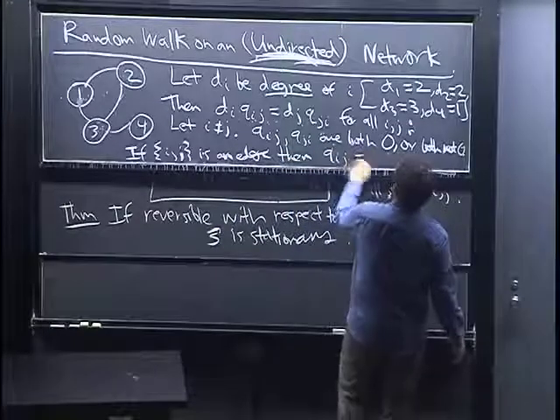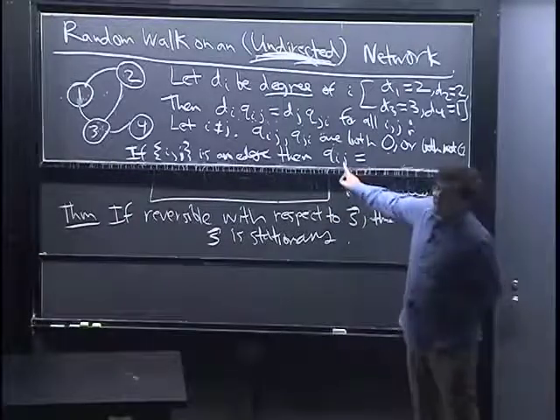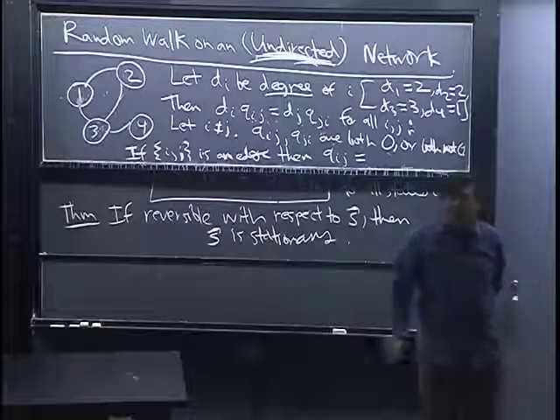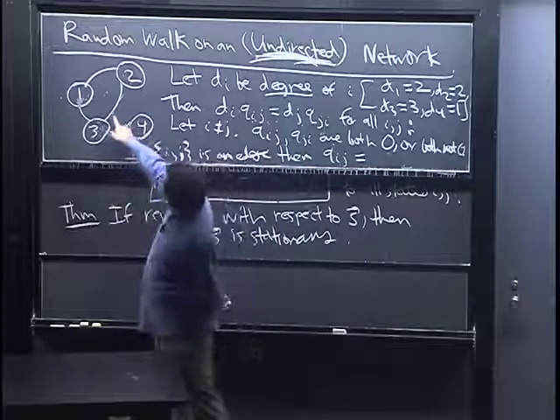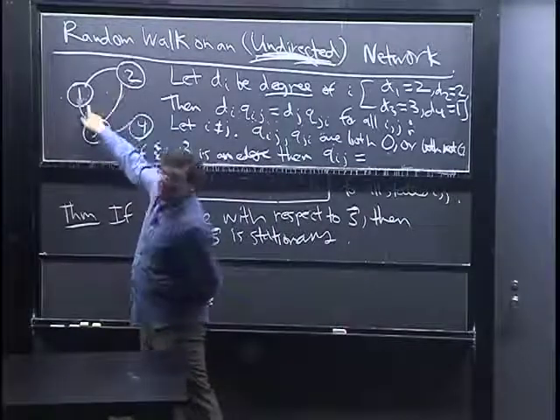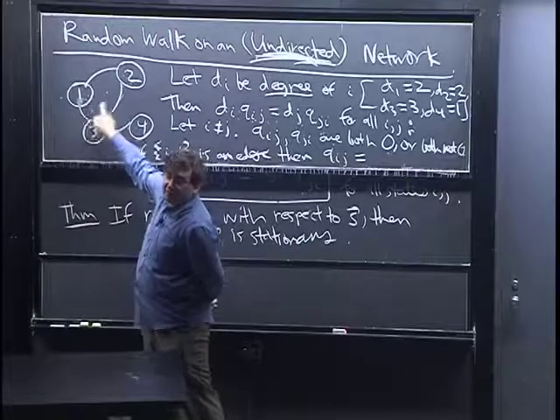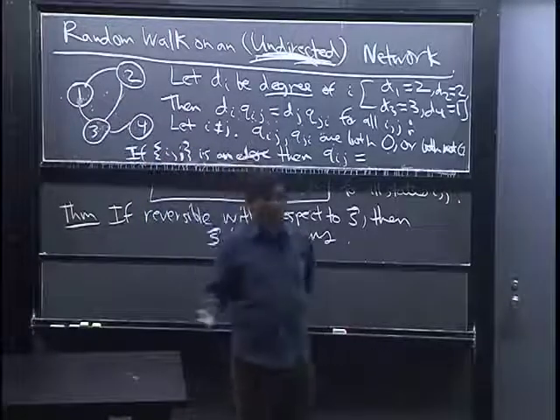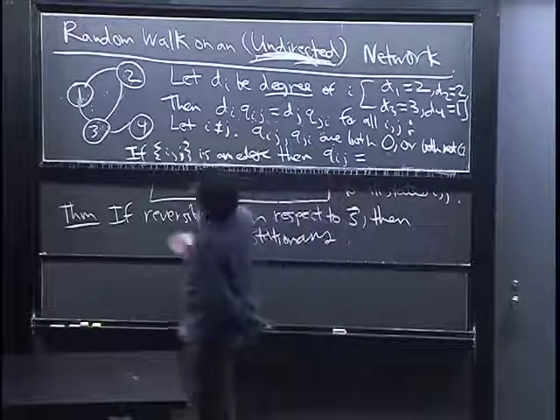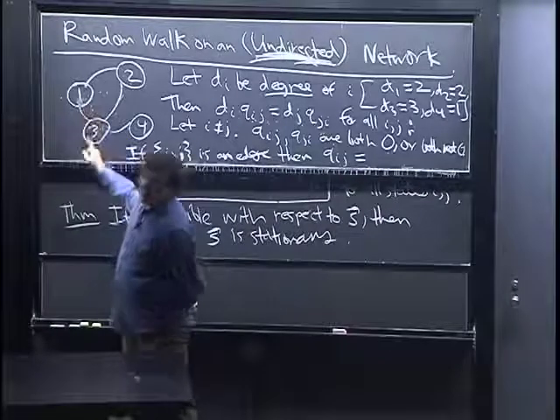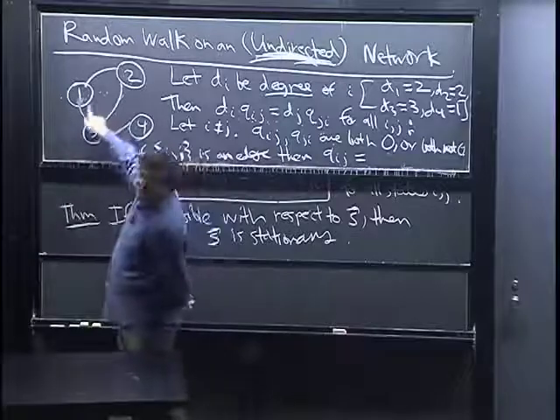q_ij equals, let's think about it. What does q_ij mean? It means that we're at state i, and when we're at state i, we look at all available roads and pick one, and we're assuming for now that we just randomly pick one. So the probability of each particular one is 1 over the degree, because over here there are 2 choices, so it's 1/2, 1/2.